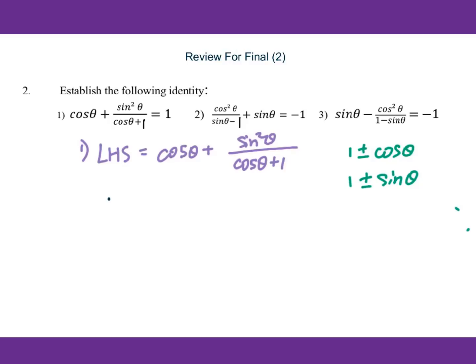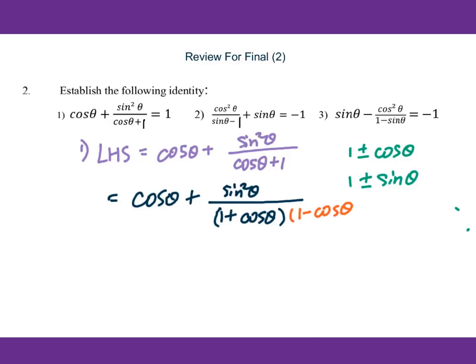Therefore, we turn the cosine theta plus 1 into 1 plus cosine theta. Then we multiply by its conjugate, that's 1 minus cosine theta.